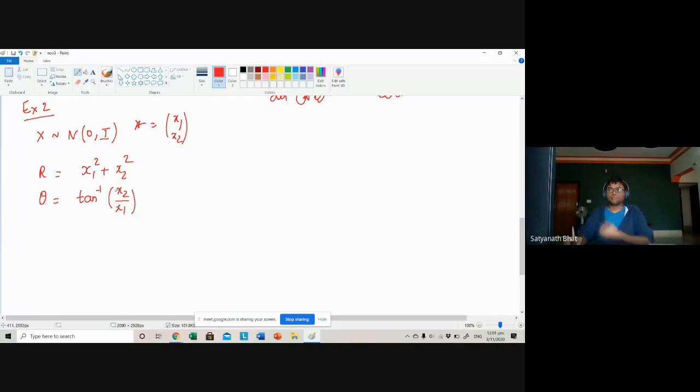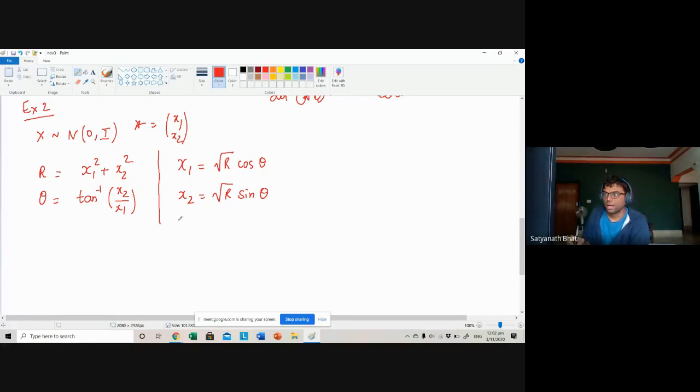Basically I'm doing the conversion from x1, x2 to polar coordinates. But instead of taking the radius, I'm taking radius square. This is the first function. If you want to write it the other way, x1 is square root r cos theta, and x2 is square root r sin theta.